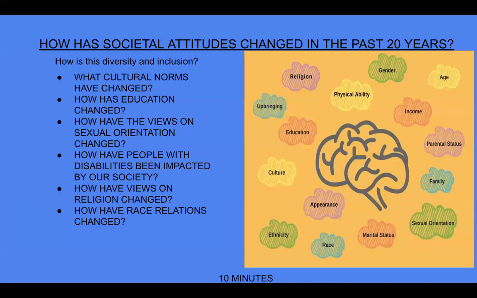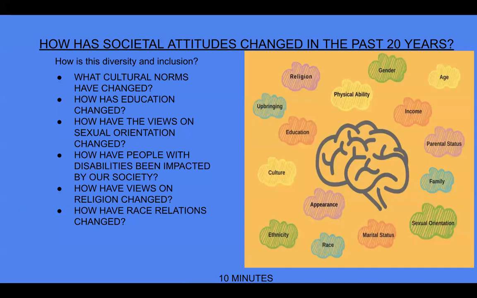Since 2003. In 2003, we were 2 years removed in the United States from the September 11th attacks and were just beginning a war with Iraq. So, in the last 20 years, how have societal attitudes changed since 2003? And again, what does this have to do with diversity and inclusion? What cultural norms have changed?